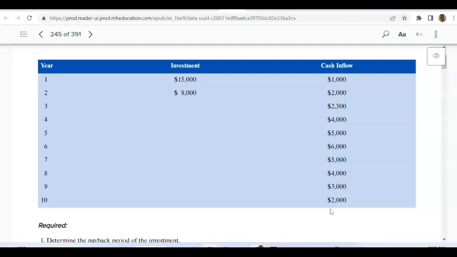But in your class, it's just showing you what the regular payback period is without considering the present value of that cash flow. Instead, just the cash flow itself. That's fine. But so you know, there is a better way to do it. So let's look at the solution. I should have it somewhere here.